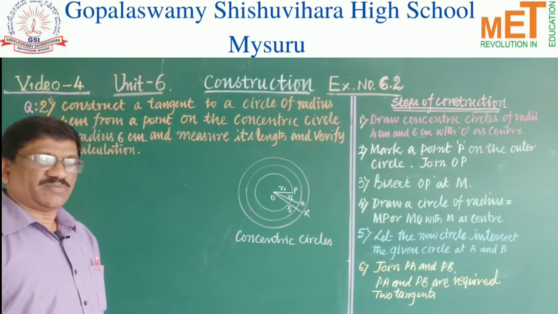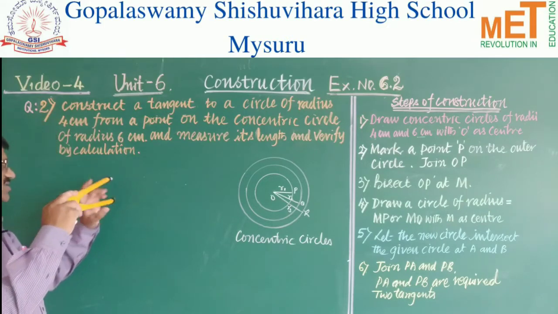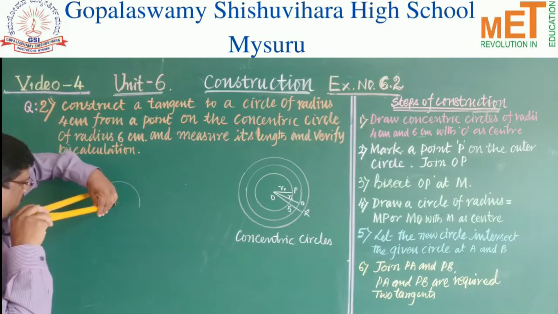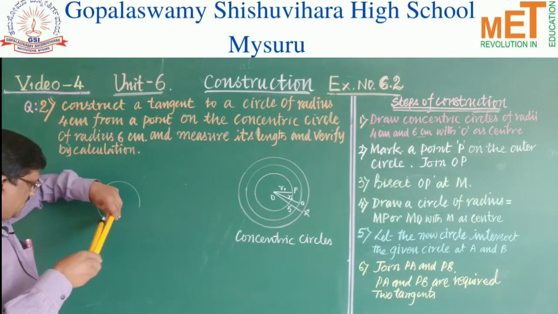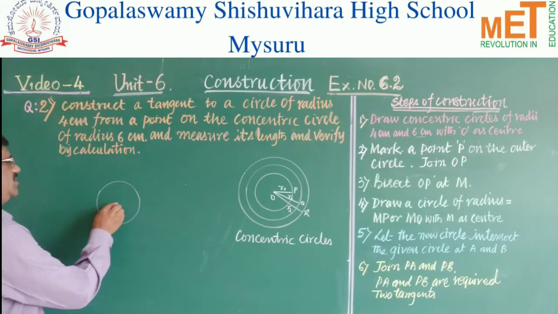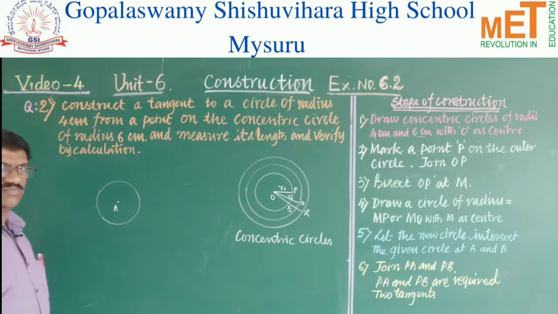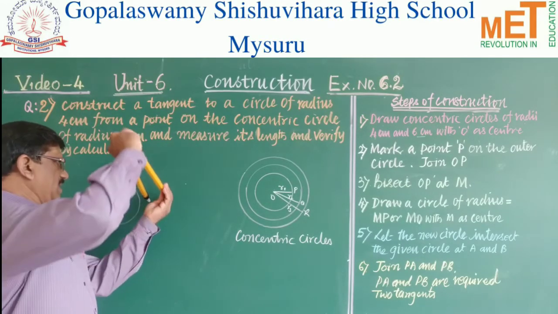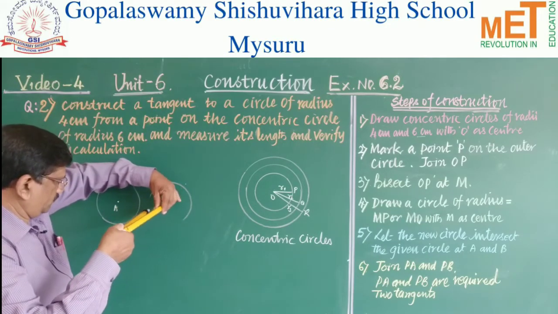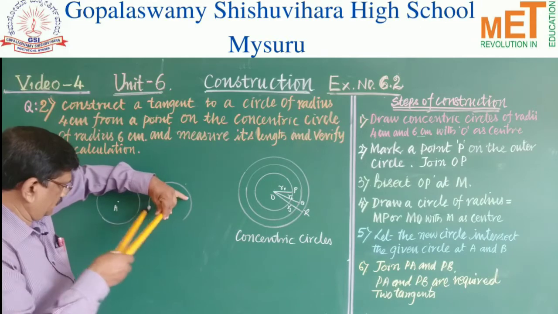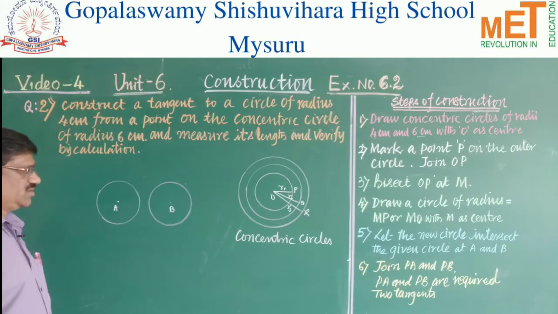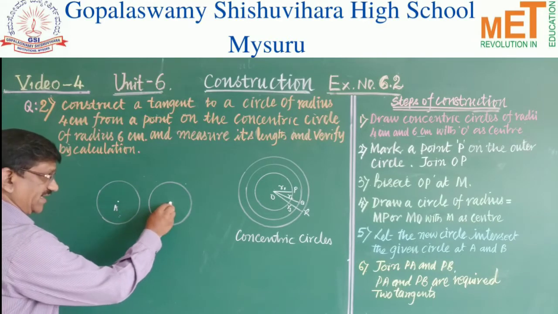Suppose if I draw circles like this, then what do you call them? You see, children, here is one circle. Let the center of this circle be A. I am drawing another circle. Let the center of this circle be B. Now you see, these two circles have different centers.